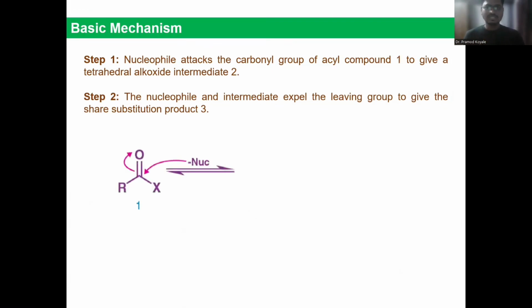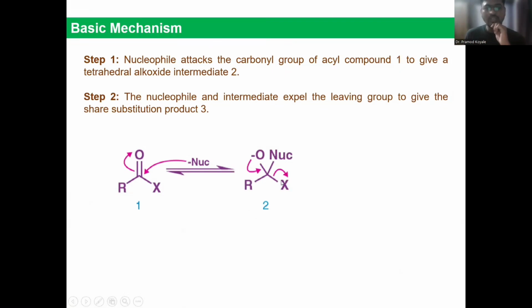It can be seen from this mechanism that in the first step, the incoming nucleophile attacks the carbonyl carbon because it is electrophilic. There is a transfer of the double bond in the form of a negative charge on the oxygen. So there is an intermediate formation, which is the tetrahedral alkoxide intermediate.